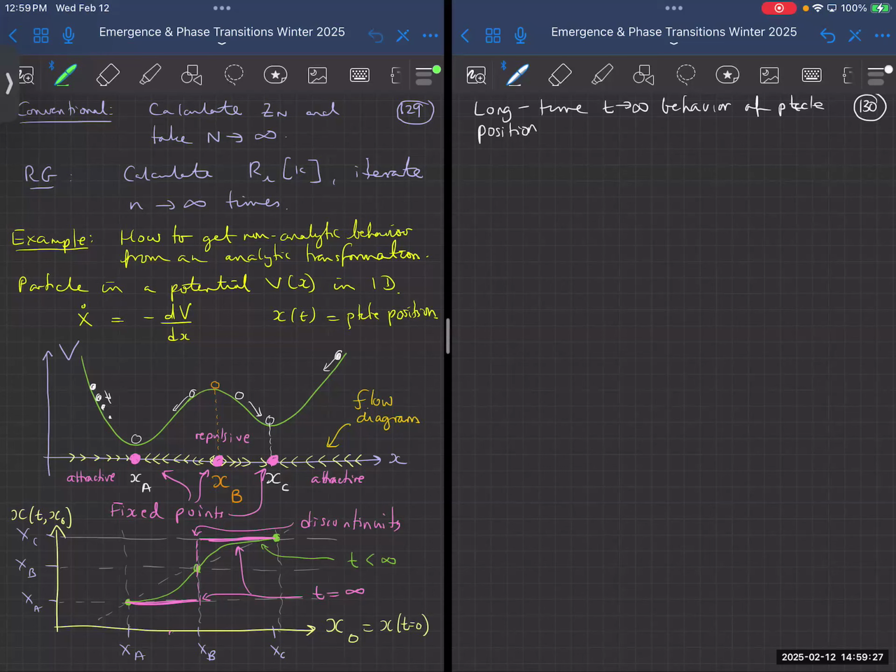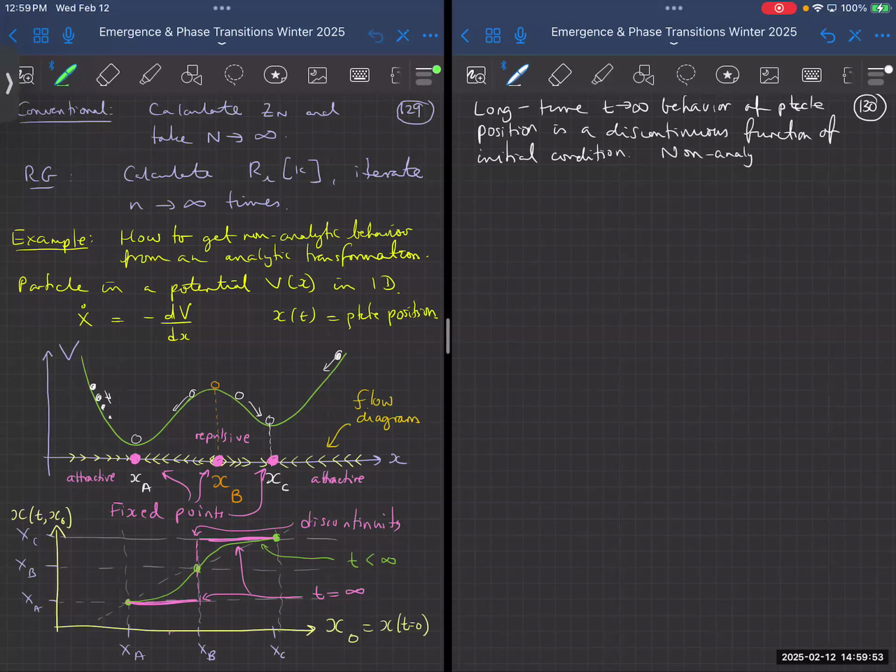So the long-time behavior of the particle position is a discontinuous function of the initial condition. So this is what I mean by non-analyticity.